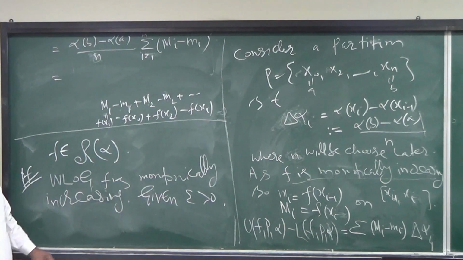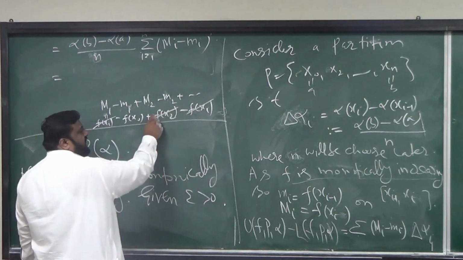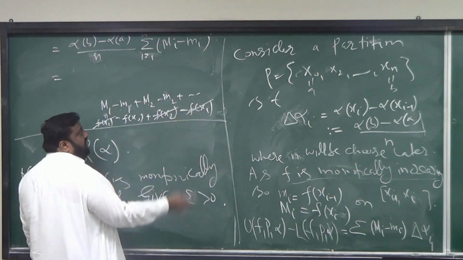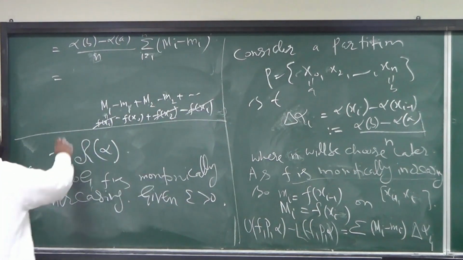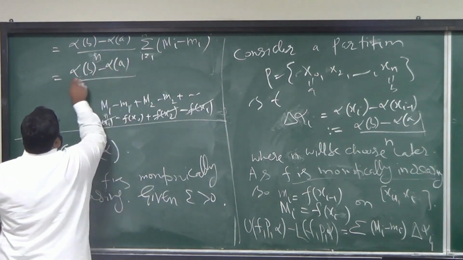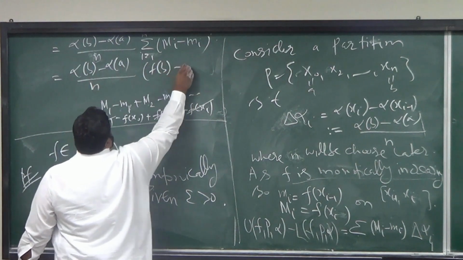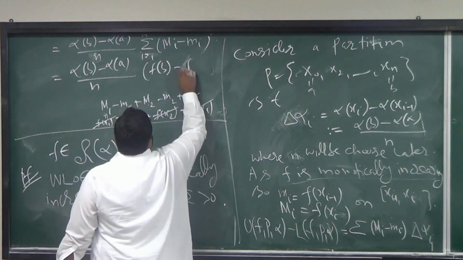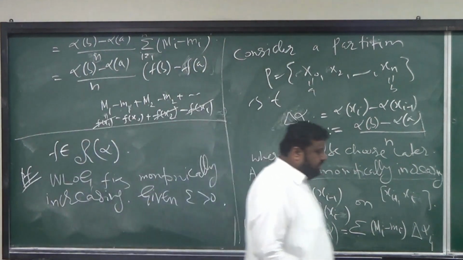You keep on doing it, and this guy would be cancelled, the next guy, and so on. So this is going to be a telescopic sum, and this is going to be alpha of b minus alpha of a over n times f of b minus f of a.